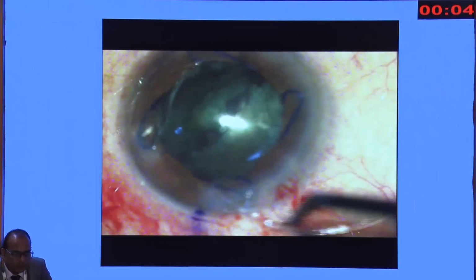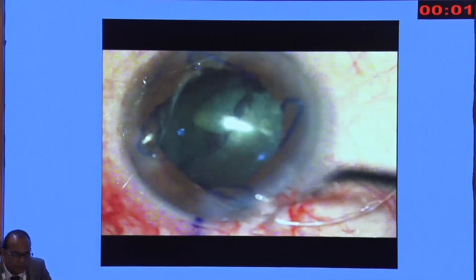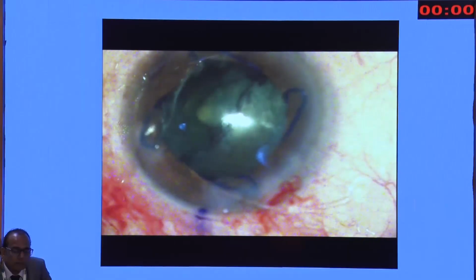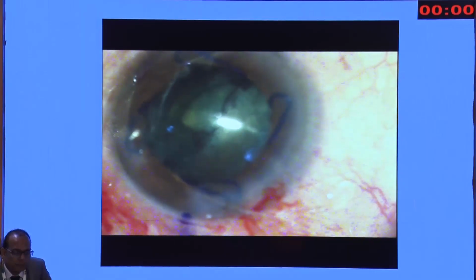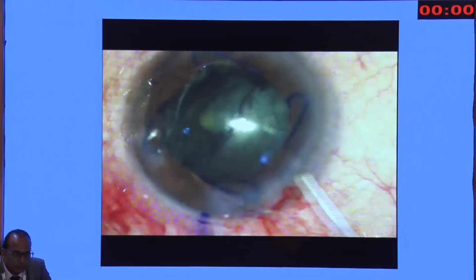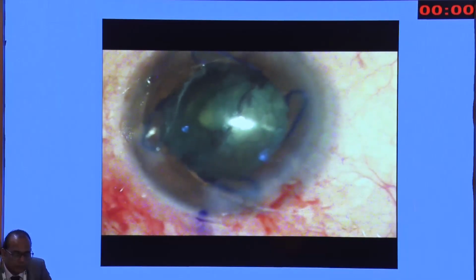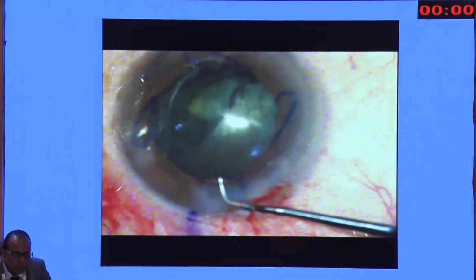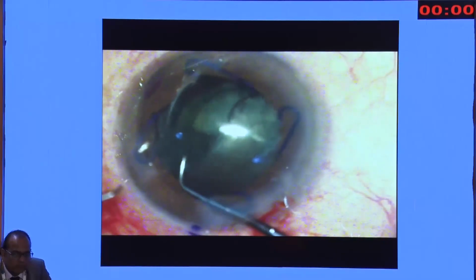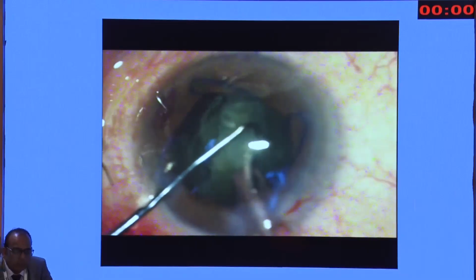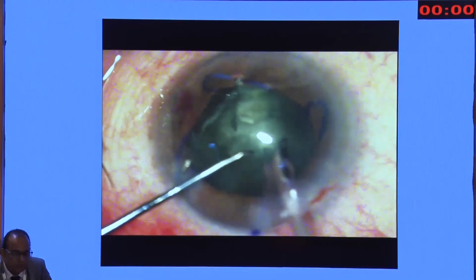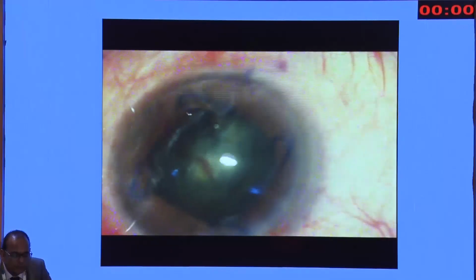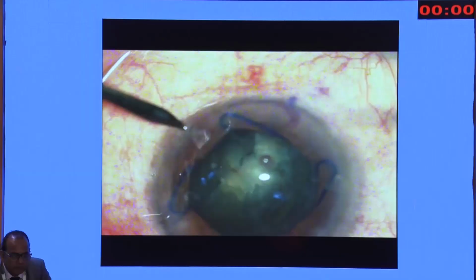A capsular tension ring is inserted, presuming that the CTR will stabilize the bag, using the zonules on the other side. But the bag is still mobile as the edge of the capsular tension ring is visible.